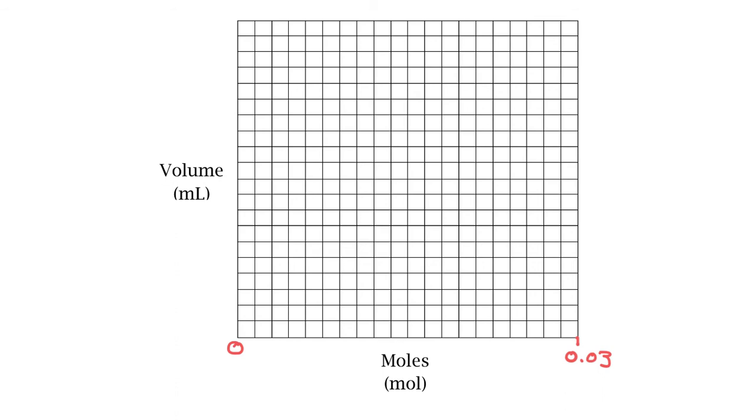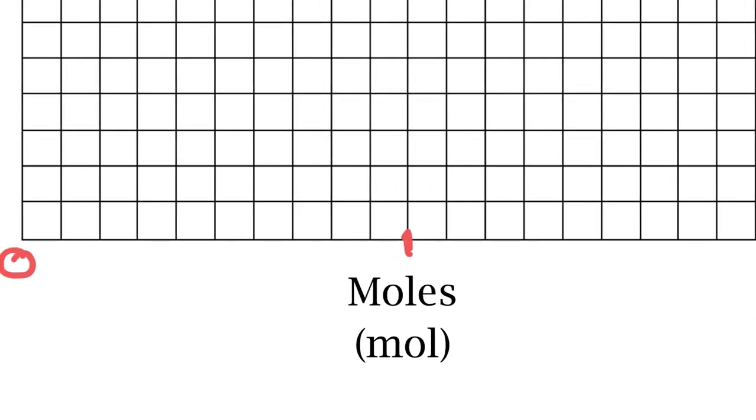What's half of 0.03? 0.015. So here's halfway. Now I'm going to say it's 0.015. Now I've got 10 between one side and I've got 10 on the other side, right?